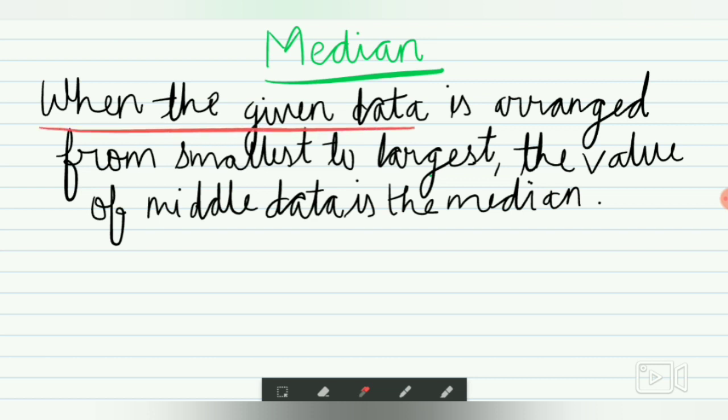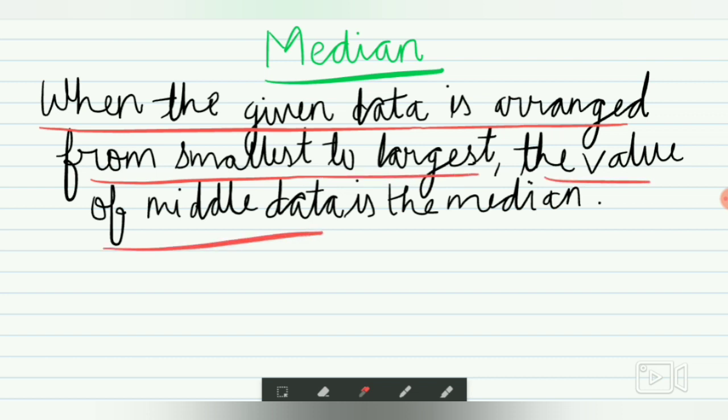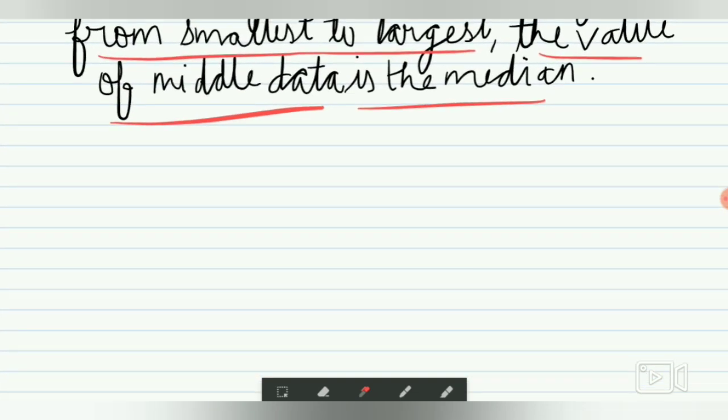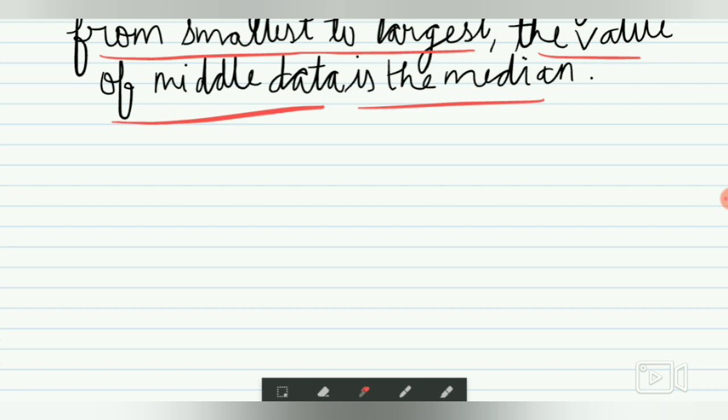When the given data is arranged from smallest to largest, the value of the middle data is the median. Now, I will tell you this with the help of one example. In the previous video I told you about data.